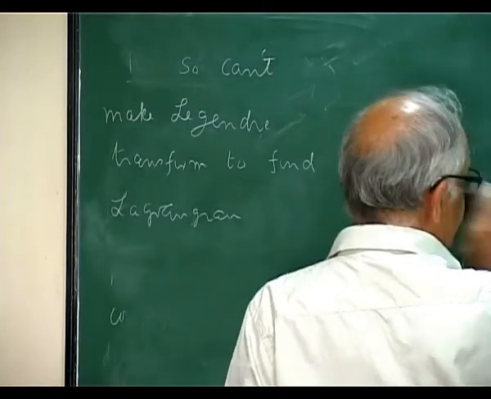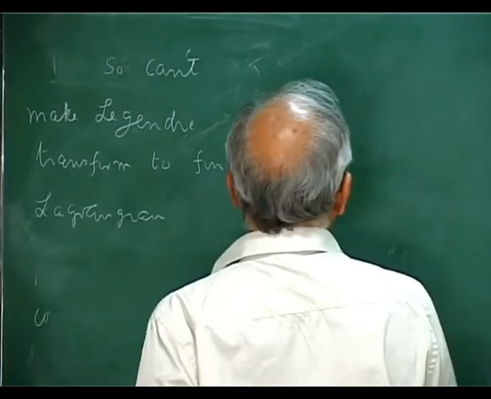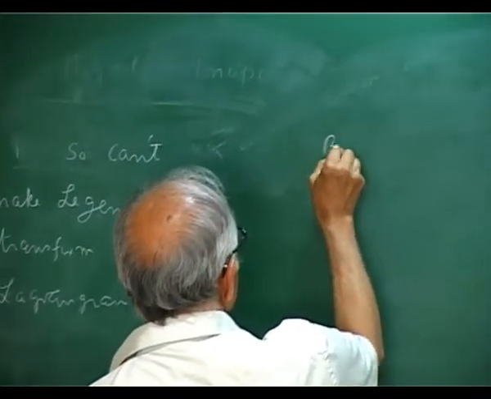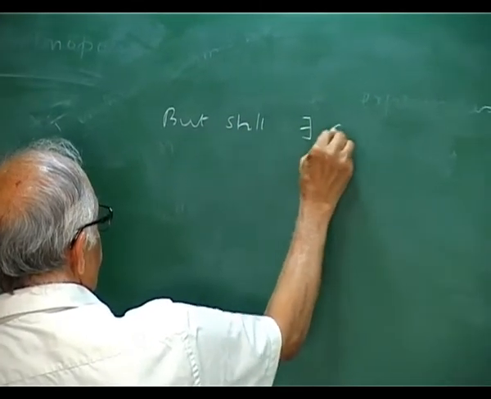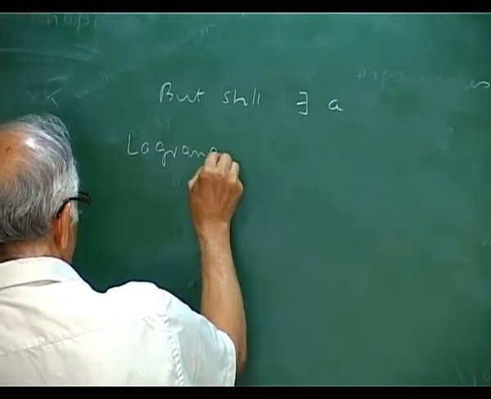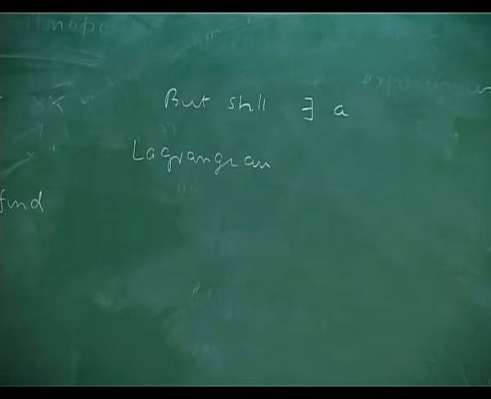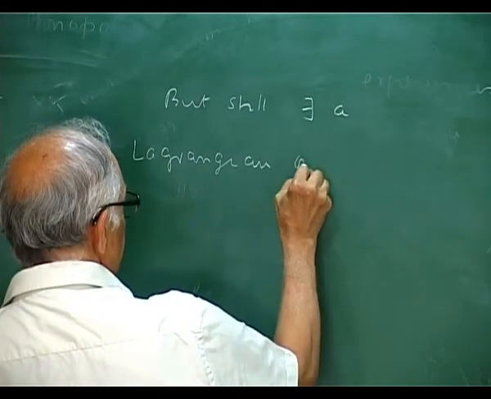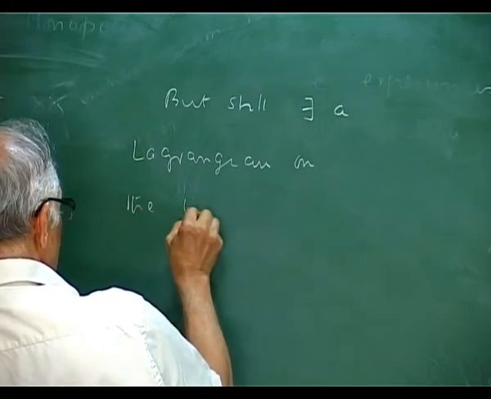So I will write the Lagrangian directly. But still, there exists a Lagrangian, okay, but not on Q, but on what we had already discussed, the U1 bundle.